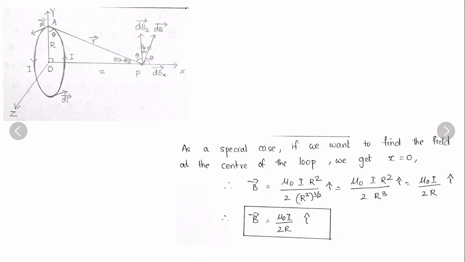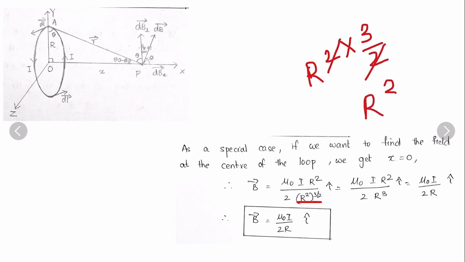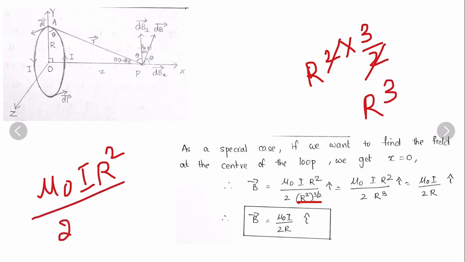Then the denominator will become R square whole to the power of 3 by 2, that is R cube, and the 2 and 2 cancel. In the numerator mu 0 I R square, in the denominator 2 R cube, into I cap.